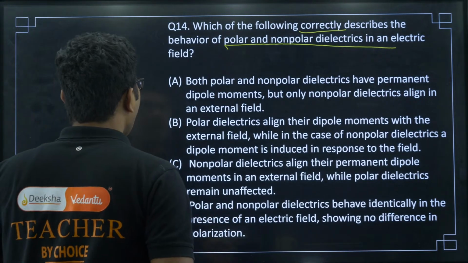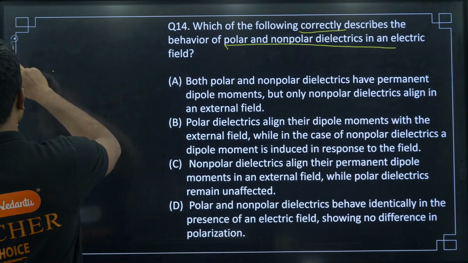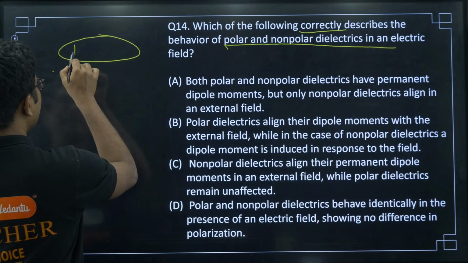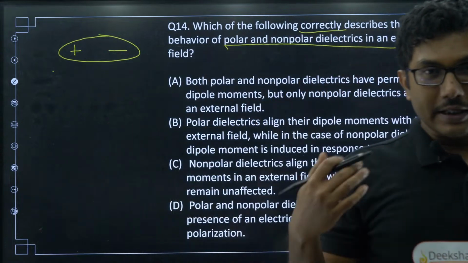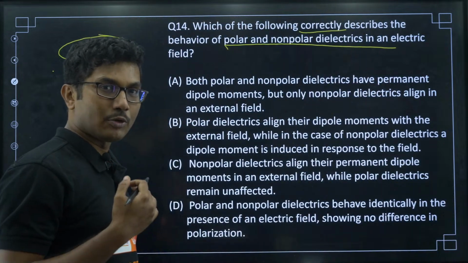So, first of all, what is a polar molecule? A polar molecule is basically where the centers of positive and negative charge do not coincide, right. So, polar molecule means, in general, their centers do not coincide, that means they already have a permanent dipole moment.